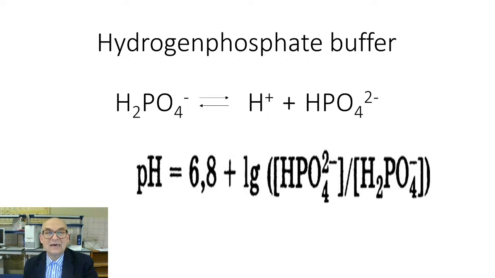Next buffer is hydrogen phosphate buffer. Hydrogen phosphate buffer is constructed using 2 anions of phosphoric acid. It means H2PO4 negative and HPO4 2 negative.